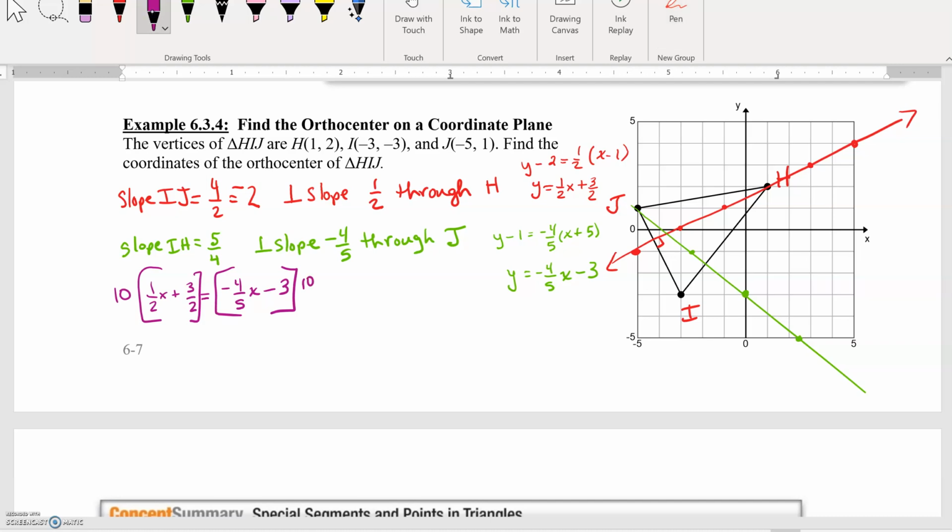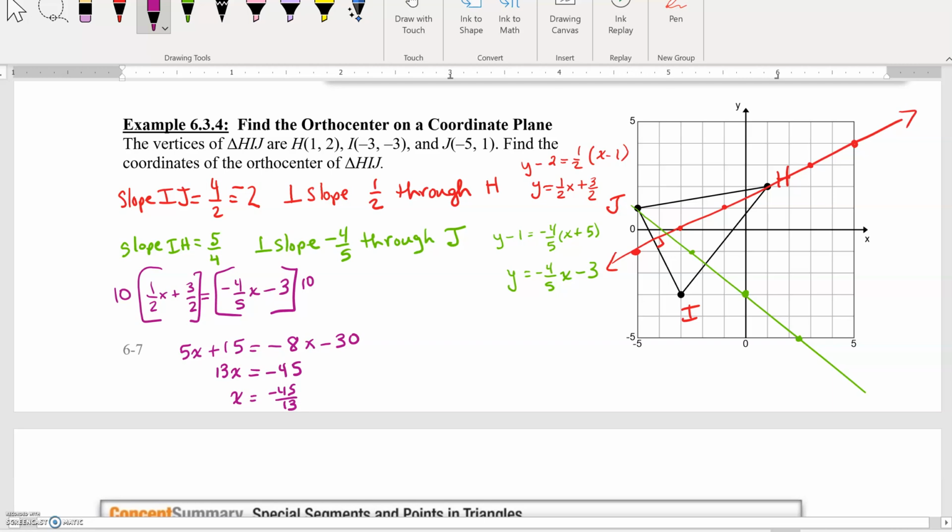So I'm going to do that, and it'll magically pop up on the screen because I'm going to pause. Okay, so I went ahead and multiplied through by 10. Got 5x plus 15 equals negative 8x minus 30. Solved for x, and it's negative 45 over 13 because the decimal is nasty.